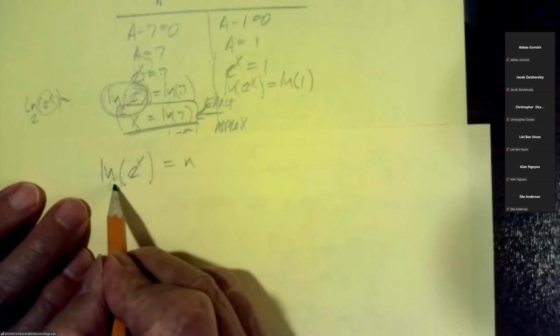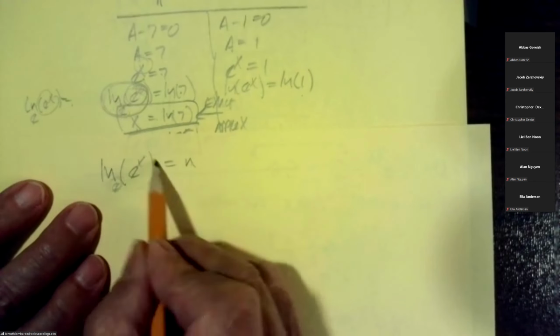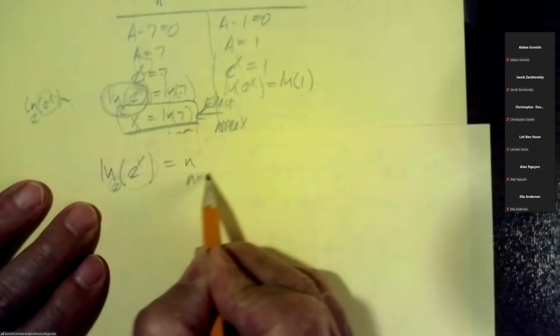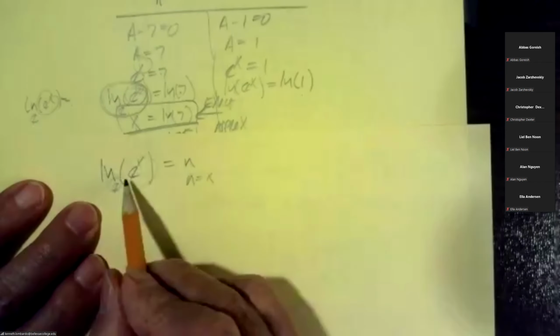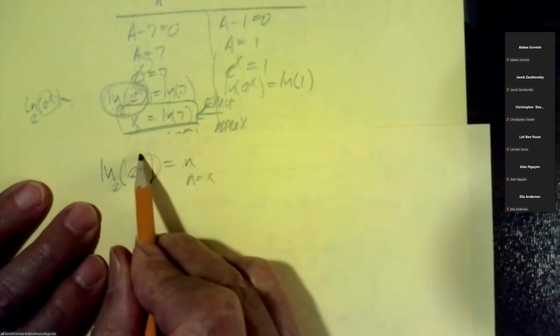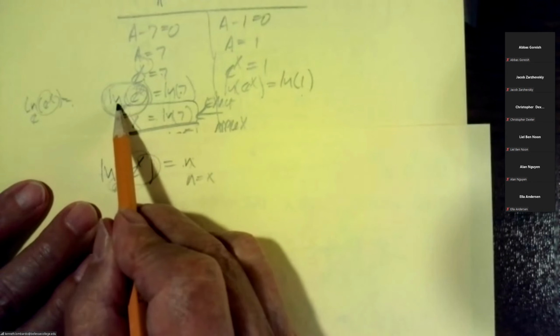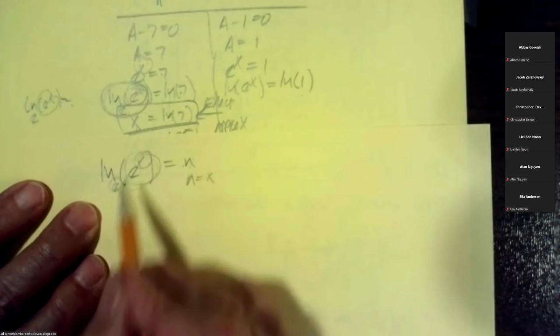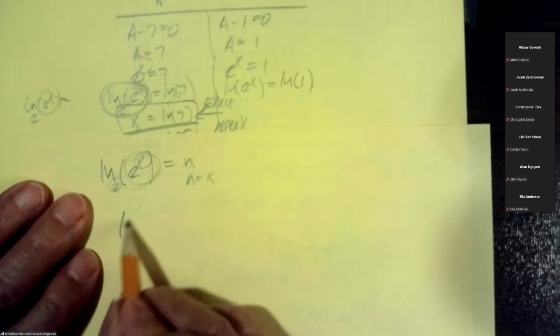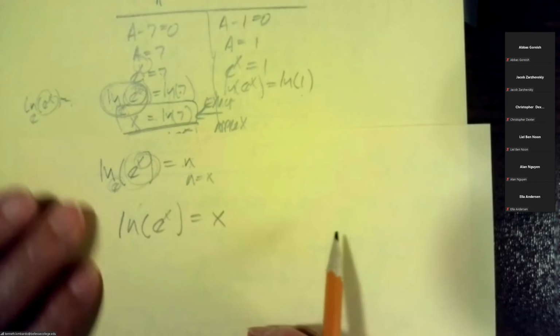So if this base is e, and we say e to what is this, well, then n is going to equal x, isn't it? If we say e to this value gives us this, then this value must be x. And that's all we did here. The ln of e to the x is just x. The ln of e to the x equals x.